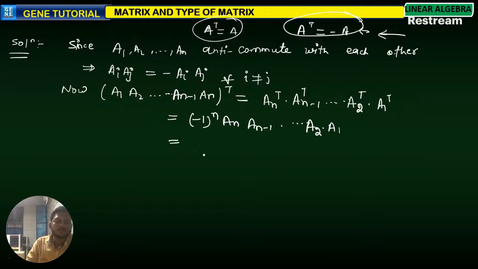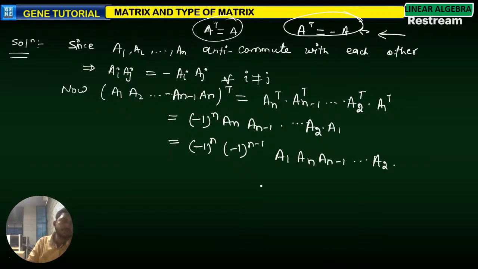Now take one more step. Take minus 1 to the power n and minus 1 to the power n minus 1, and the remaining elements stay the same. This comes to A2.